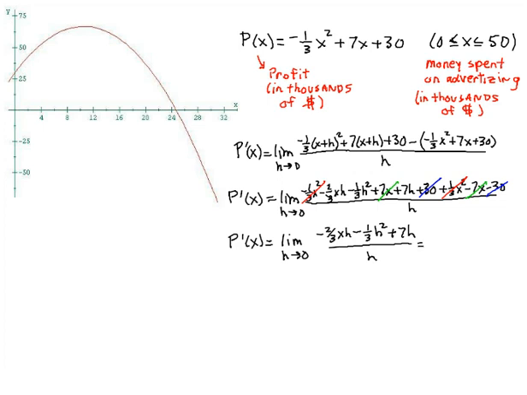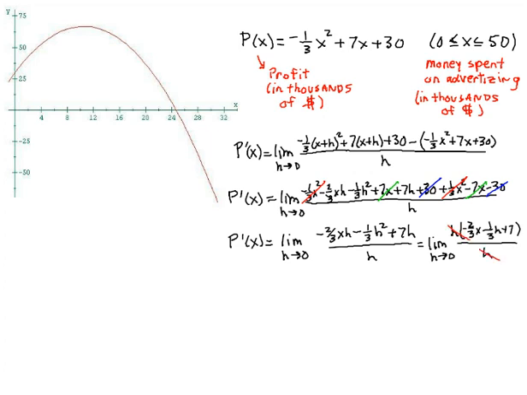And then factoring out an h from the numerator, I'll have h times a minus 2/3 x minus 1/3 h plus 7 all over h.